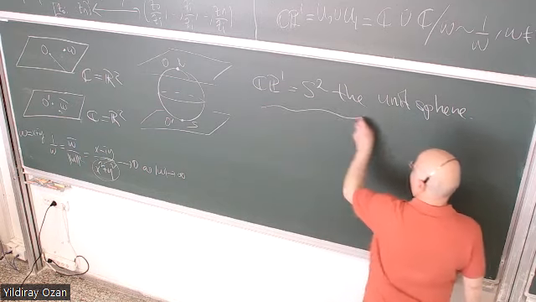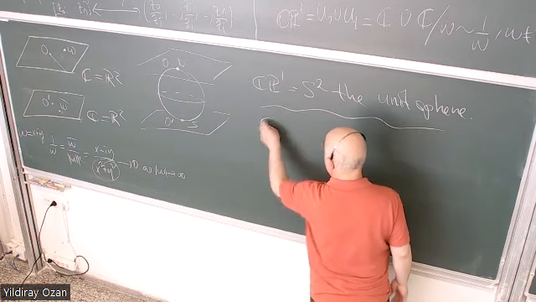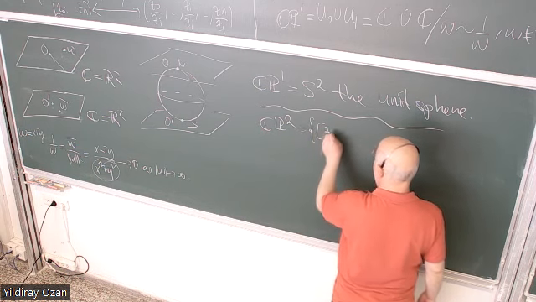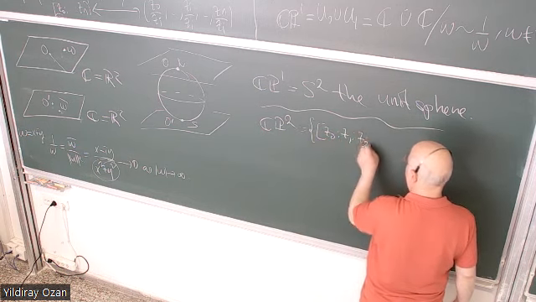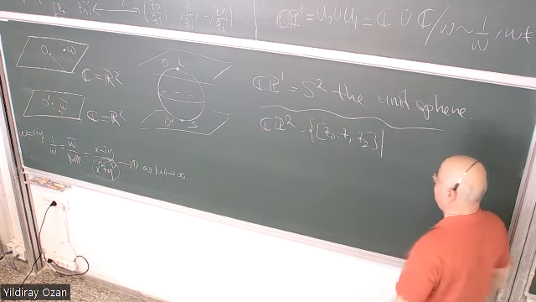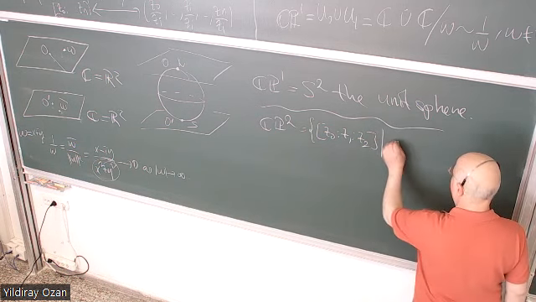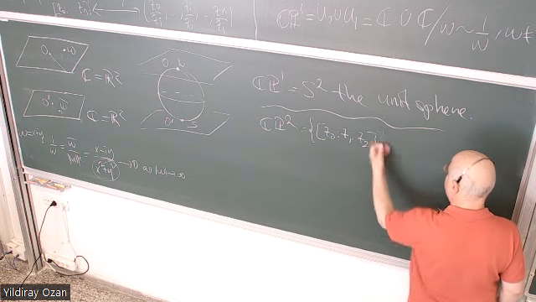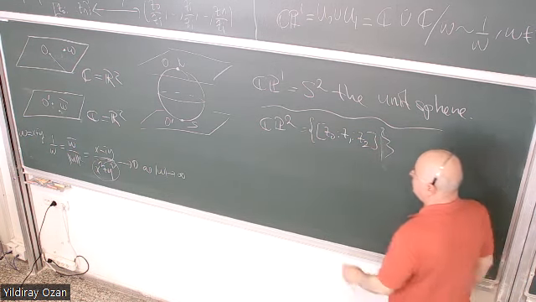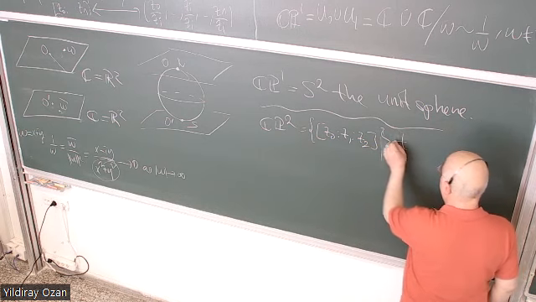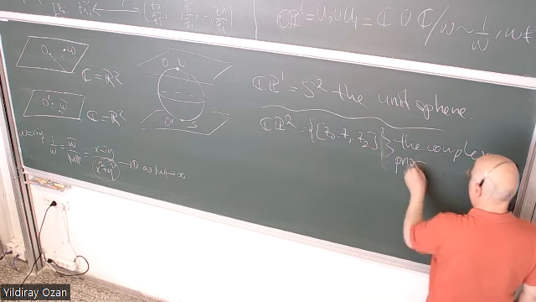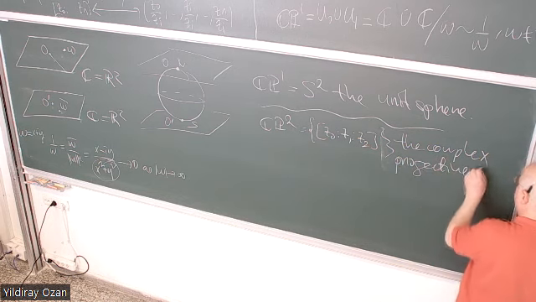Okay. Now, what about CP2? So this is the space of equivalence classes like this, where at least one Zi is not zero. Let me just write like this. And this is the complex projective plane.